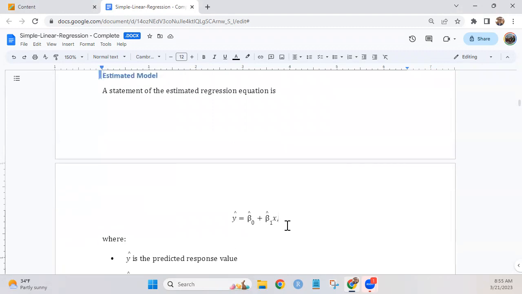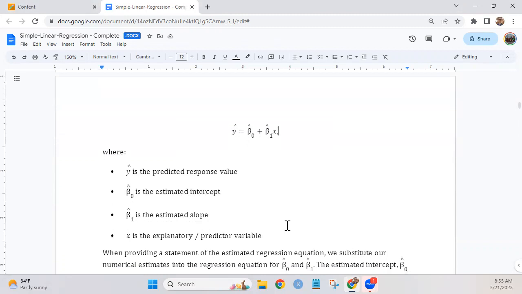So we end up with this estimated regression equation, which is what we use to make predictions or to describe what we think the relationship between x and y is based on our data set. So we have y hat, our predicted value or estimated response value, is equal to the estimated intercept plus an estimated slope times x.